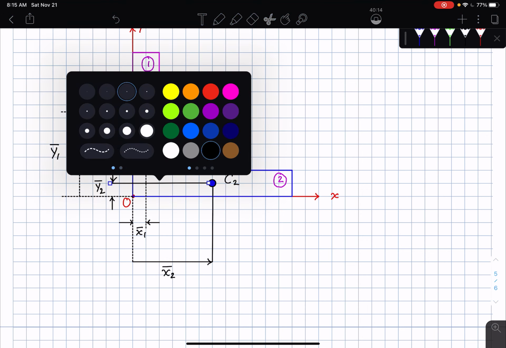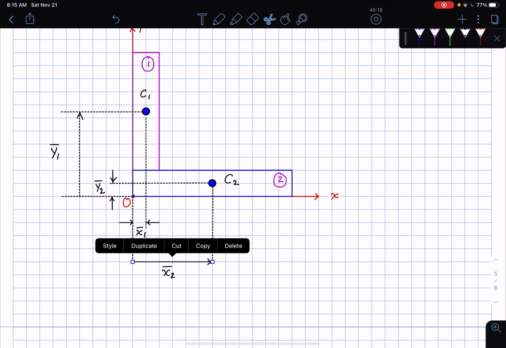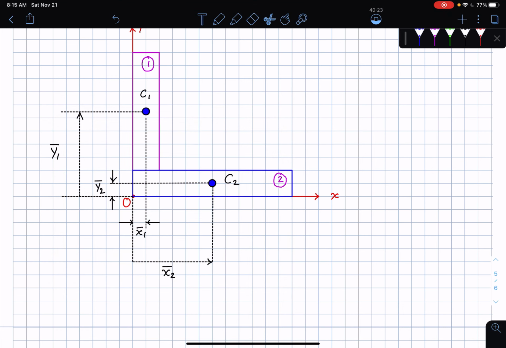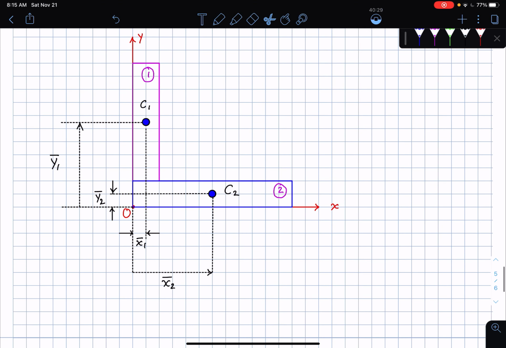Bear with me, we are almost done. Okay, that is beautiful. So all of these have been marked, and then I also know the dimensions of this entire body. The total height starting from the origin all the way to the top flange was 100. The thickness was 20.